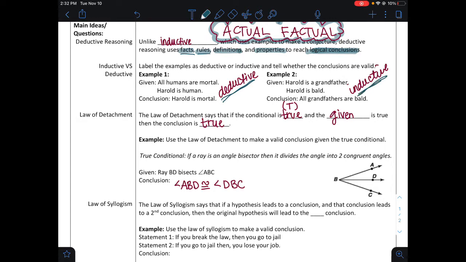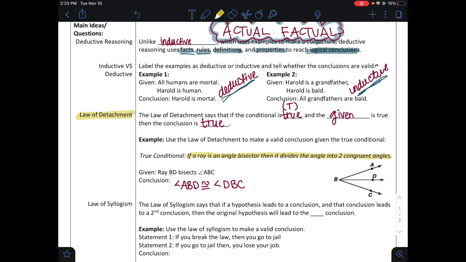All right, now let's talk about the law of detachment. I'm not going to read all this because, I'm going to be honest, it's confusing. Let me just give you the example. If a ray is an angle bisector, then it divides the angle into two congruent angles.